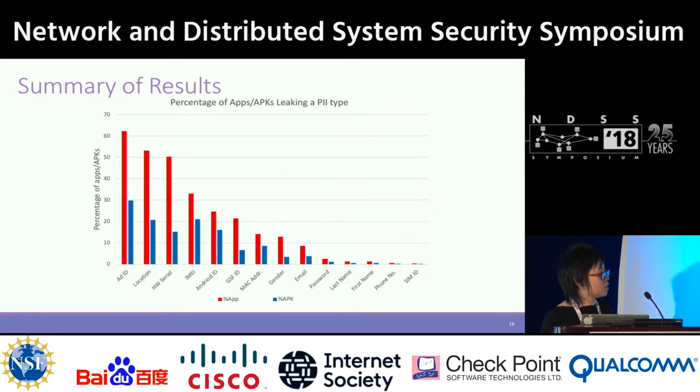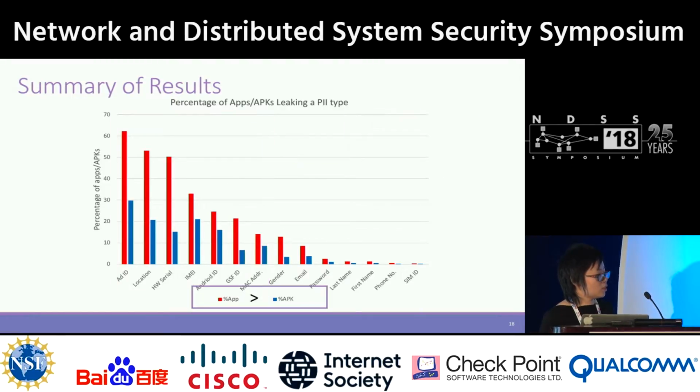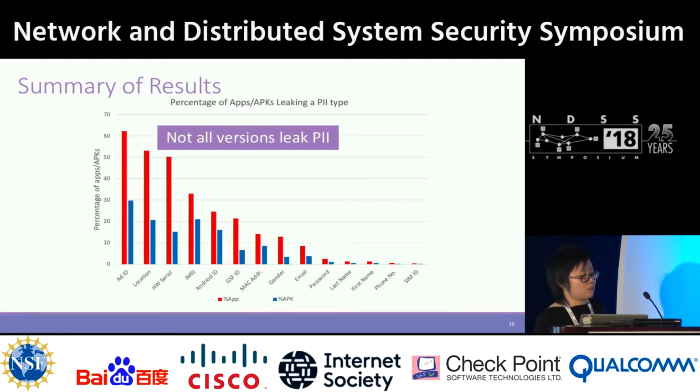The first thing you'll notice on the left side is that tracking identifiers and locations dominate the leaks, just as previous studies have shown. Now, if you compare the red and the blue bars, you will notice that the percentage of apps is always larger than the APKs. What this means is that not all versions leak a PII type.